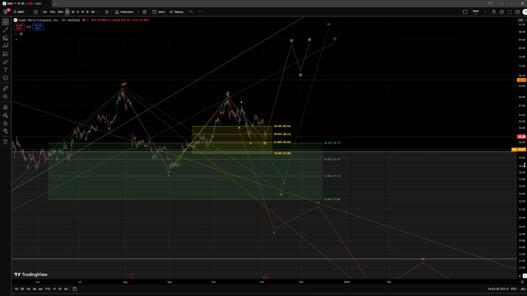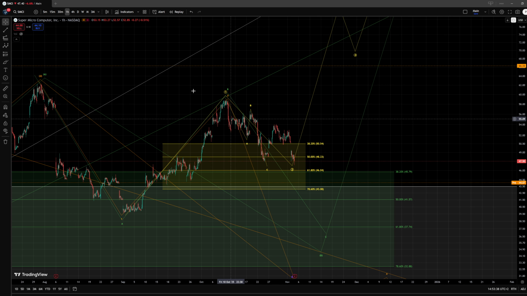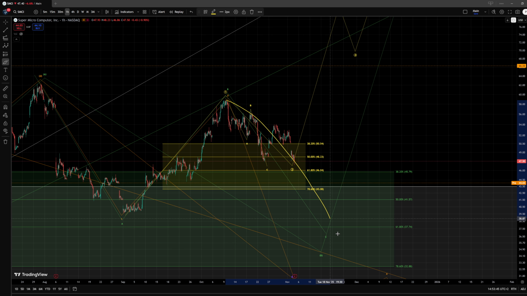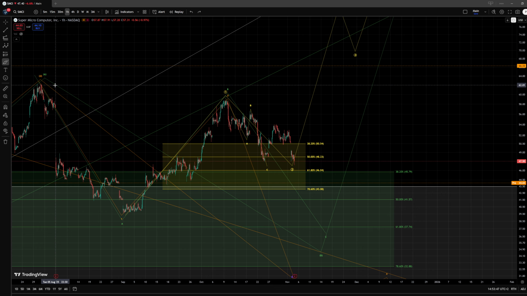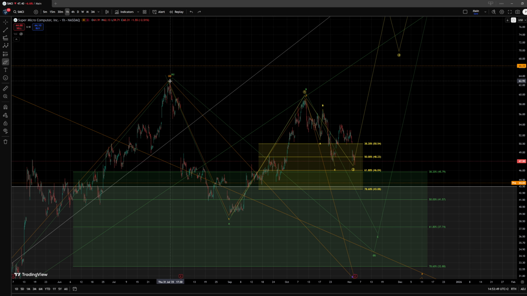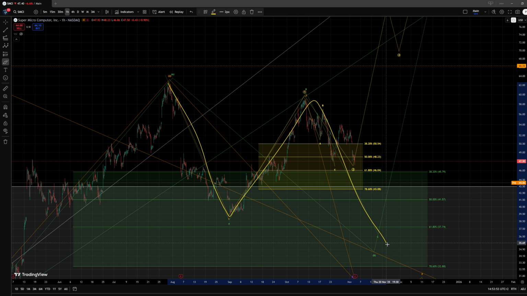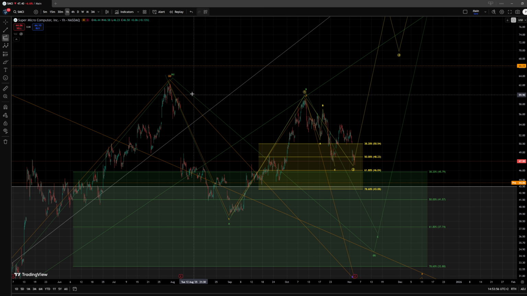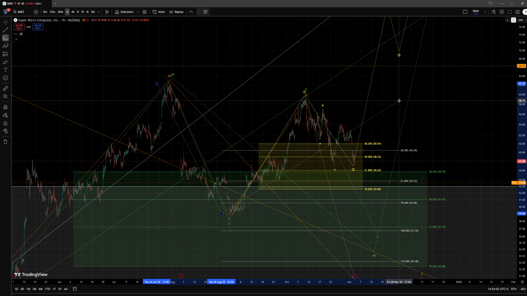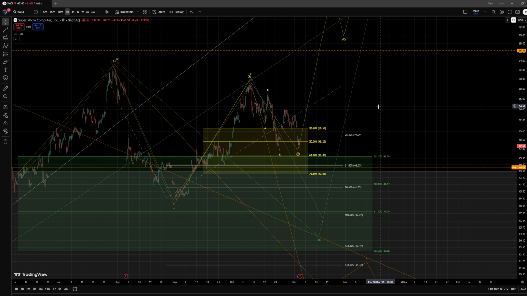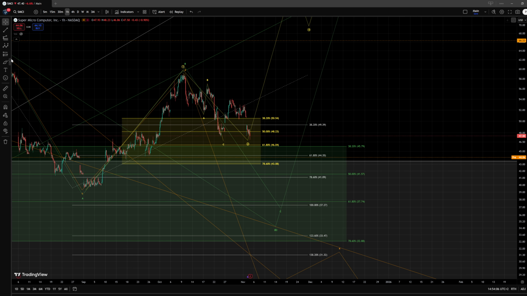Now, before we head into the internals of this possible wave C to the downside, I do want to point out an ideal target for this wave C in an ABC structure within the green scenario. It is possible now because we have a supposed top within the wave B, and it would be the 100% extension of the wave A. I do want to make it clear, this is an ideal target.